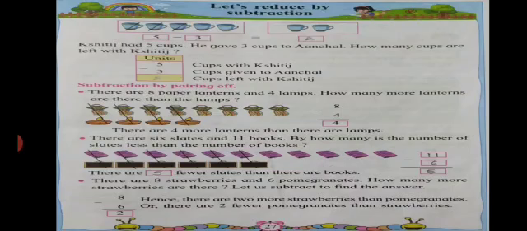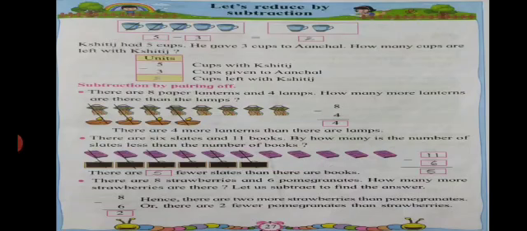Next, there are 6 slates and 11 books. By how many is the number of slates less than the number of books? In the same way, as you can see, both books and slates. Books are 11 and slates are 6.